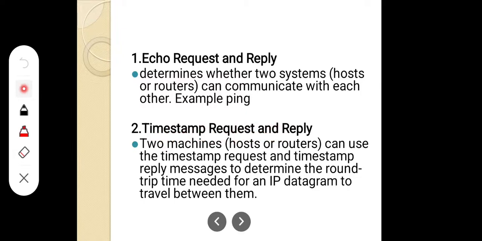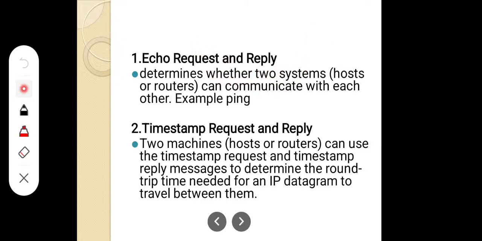Next is timestamp request and reply. Two machines can use the timestamp request and timestamp reply message to determine the round trip time needed for an IP datagram to travel between them. So timestamp request and reply is a message that is sent from host A to host B and then host B to host A. Why is this done? This is done to determine the round trip time. Okay, അവിടെ നിന്ന് പോയി host എന്ന് എയിൽ നിന്ന് ബിയിലോട്ട് പോയി തിരിച്ച് വരാനുള്ള ടൈം.